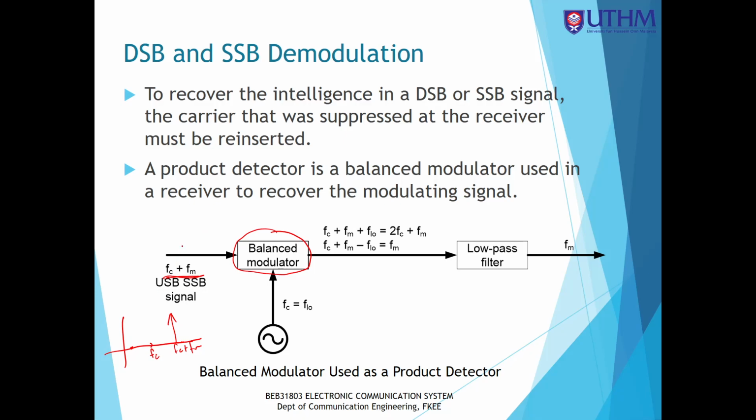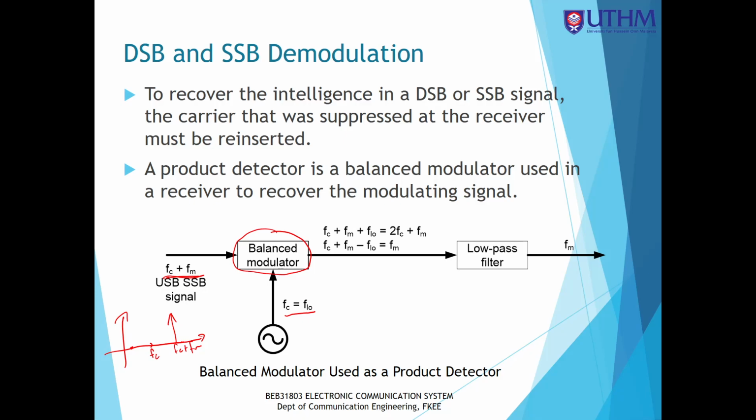Sorry, this is single sideband without carrier in the input, and we want to produce the original signal with the frequency of FM only. So what we need to do is use a balance modulator and have the input multiplied with the local oscillator frequency, which is tuned to the carrier frequency.